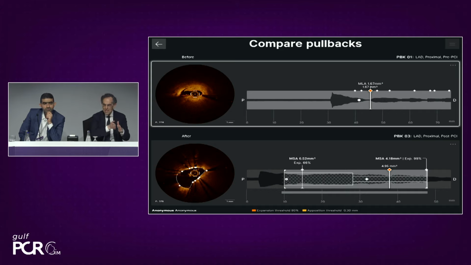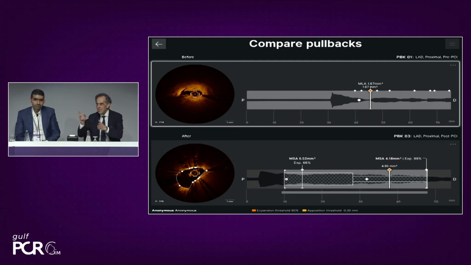So if you have a baseline and then you are going to do some lesion preparation and you wanted to assess not only by the cross-sectional view, but also in terms of longitudinal measurements the effect, the lumen is black on the baseline. Now you have also the visualization of the stent. You can compare the baseline with, for instance, post-lithotripsy. Or you can go at the end of all your pullbacks saying, I wanted to see how was the lesion at the beginning and what I achieved after lesion preparation plus stenting.